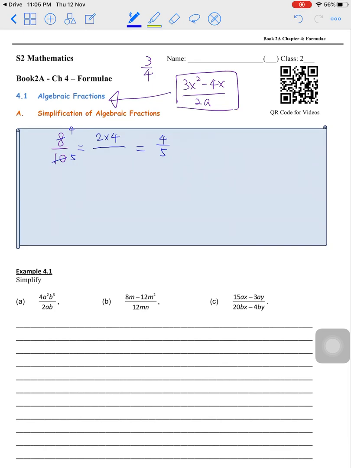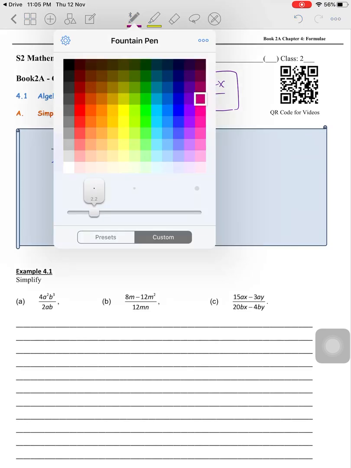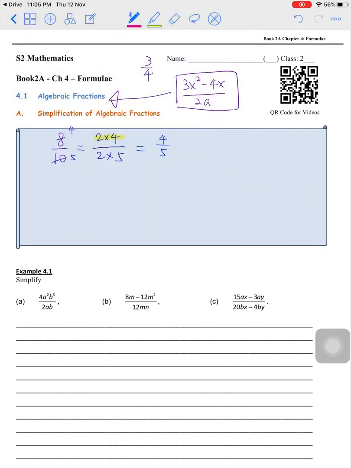We can break it down. The 8, break it down as 2 times 4. The 10, break it down as 2 times 5. Once you can express a number as a product of other numbers, we call each one a factor.